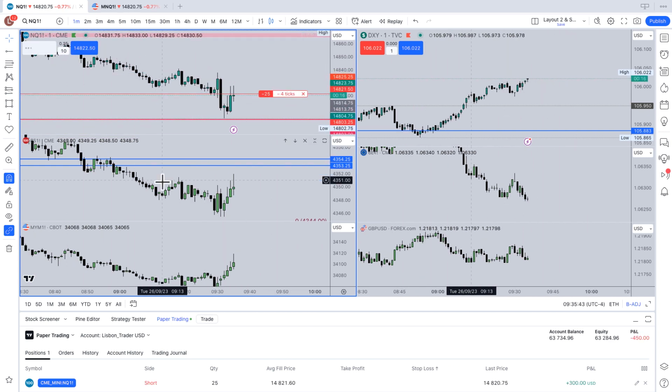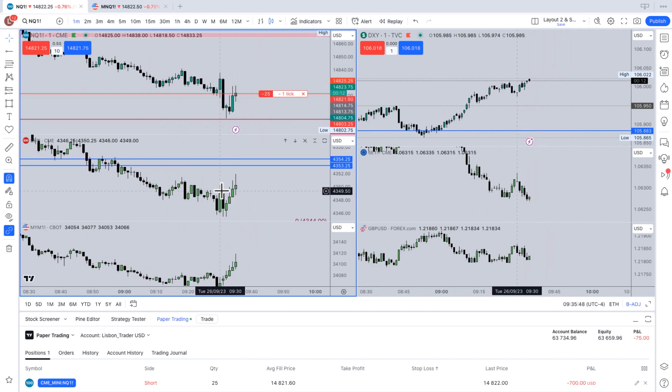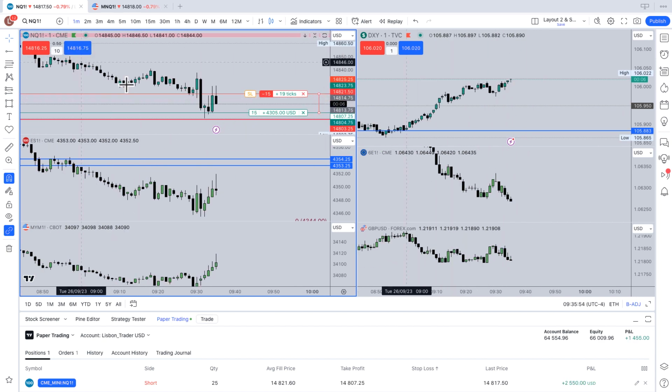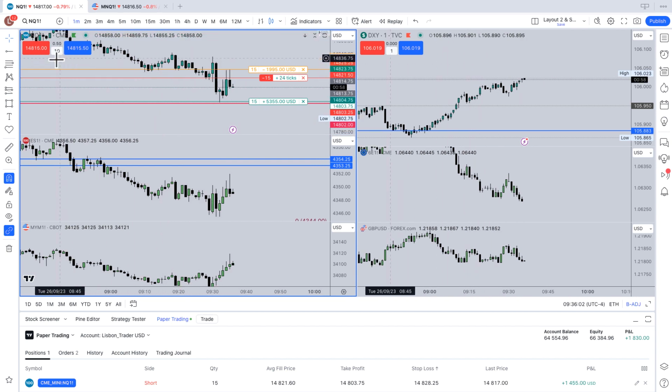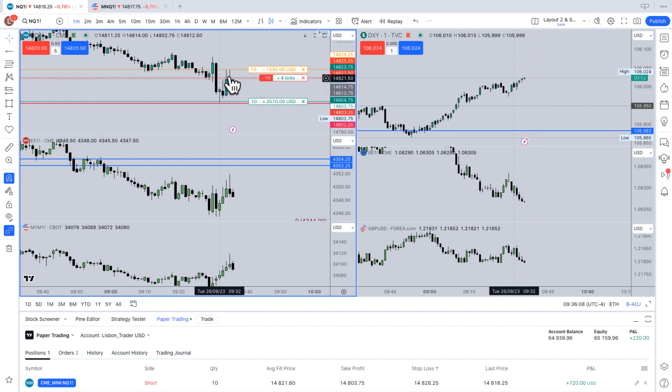Let's see if it wants to go run lower. So there's SMT here. So might give some more juice from the downside. 15. Might want to go above this.